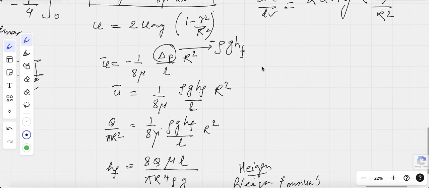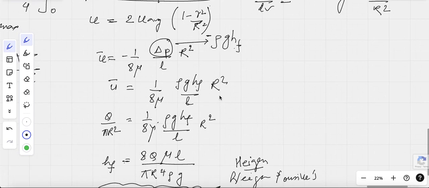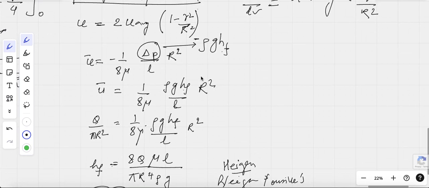Okay, so we will be using this equation once again. So hf is f into L by D, V square by 2g.